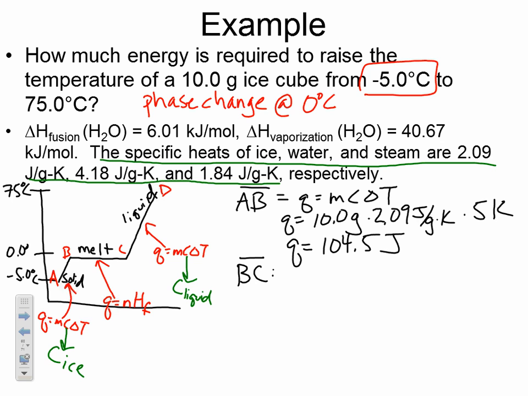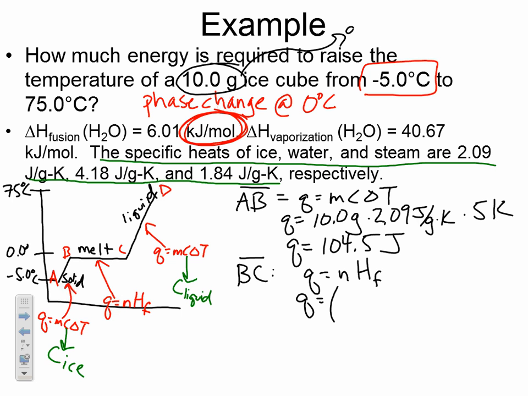BC, this is where we're melting it, so I'm going to do Q equals n delta H f. I'm doing moles times delta H f rather than grams times delta H f, because that's the unit that I have for delta H f. I have kilojoules per mole, not kilojoules per gram. So I'm going to have to do a little bit of math here. I have my mass of water, but I can turn that to moles through gram formula mass.